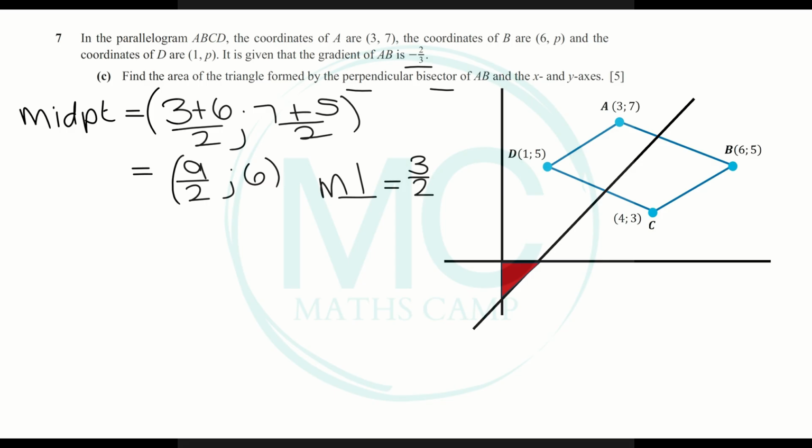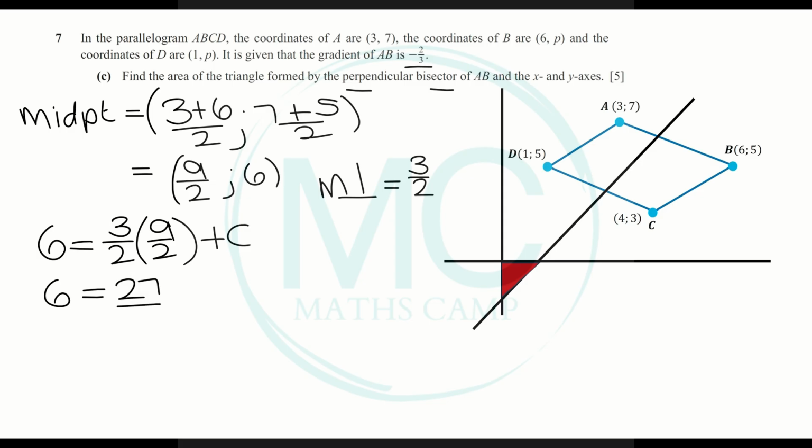Now we can put these values into the equation for a straight line. Our y value is 6, so I can say 6 is equal to m, 3 over 2, multiplied by x, 9 over 2, plus c. Let's expand these brackets. We get 6 is equal to 27 over 4 plus c.